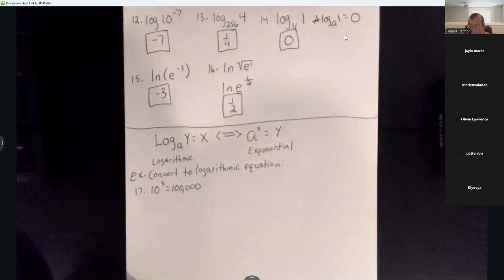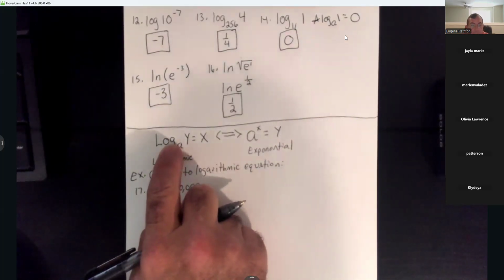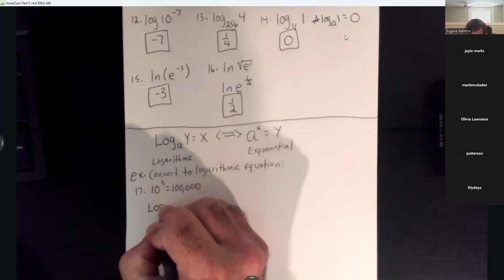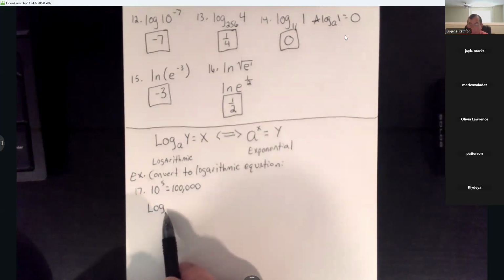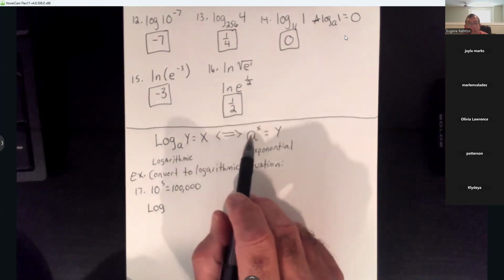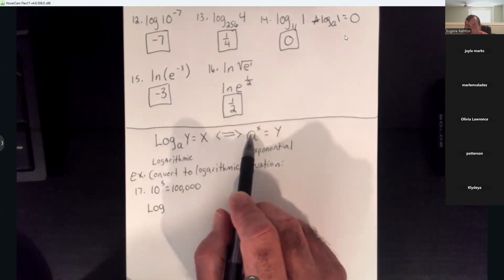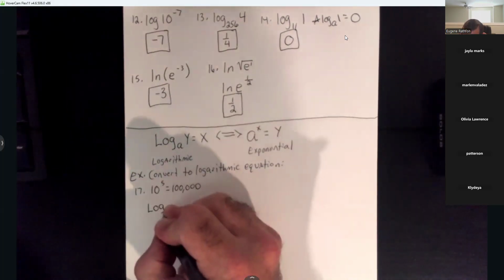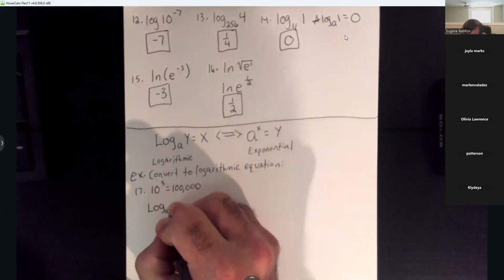So y'all, if we're going to convert it to logarithmic, the first thing we want to do is write log. The base of the log is the same as the base for the exponential. Well, the base of the exponential is 10. So my little base is going to be a 10.